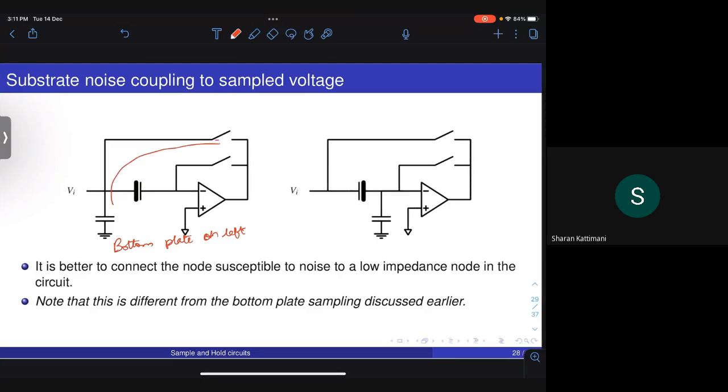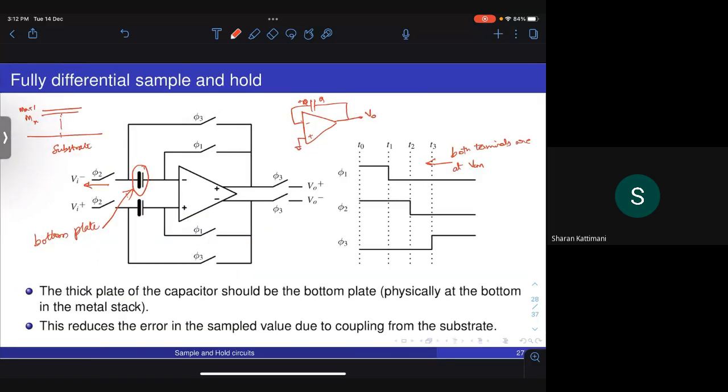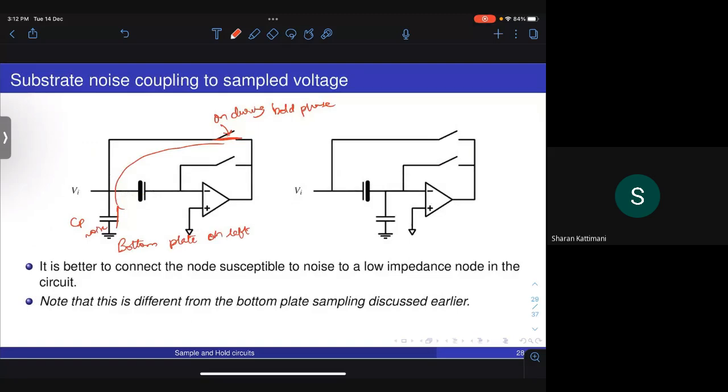Notice that this switch is on during the hold phase. So any noise in the substrate which is injected through the parasitic capacitance from the substrate to the bottom plate will not produce any error in the sampled value, because it is directly connected to a low impedance node. So this is a low impedance node.